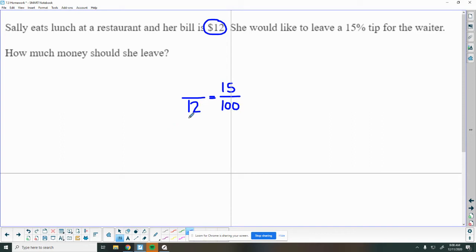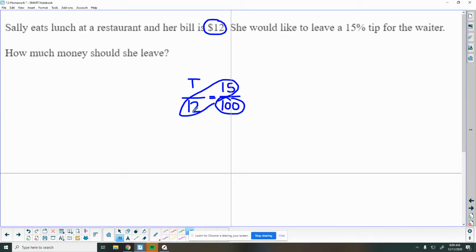So that's going to tell us 15% of 12. So we're just looking for how much the tip is. So she's already paid the $12. Now she's leaving the money on the table. So we can go ahead and do 12 times 15 divided by 100 will tell us how much that tip is going to be that she will leave on the table.